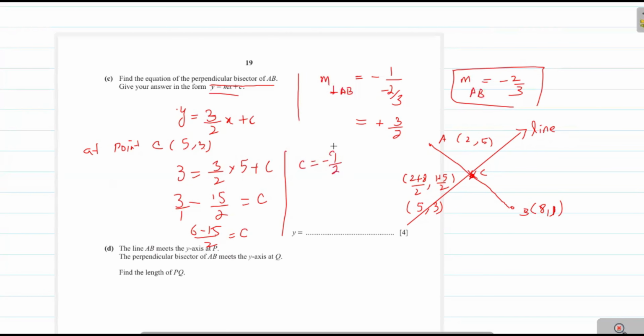We put the value in the equation and get y equals 3 over 2 x minus 9 over 2, and this is the equation of the perpendicular bisector of AB.